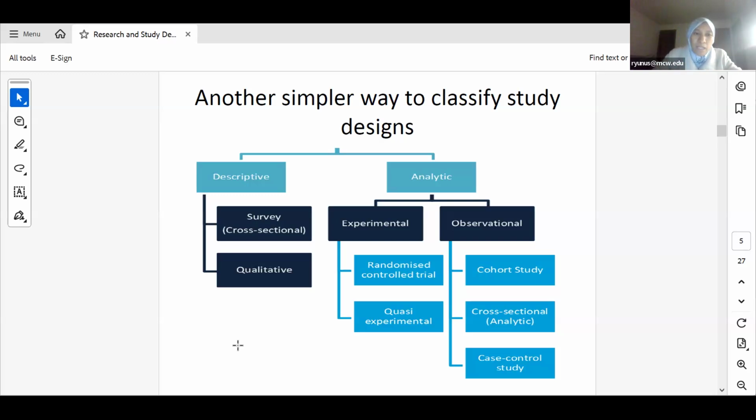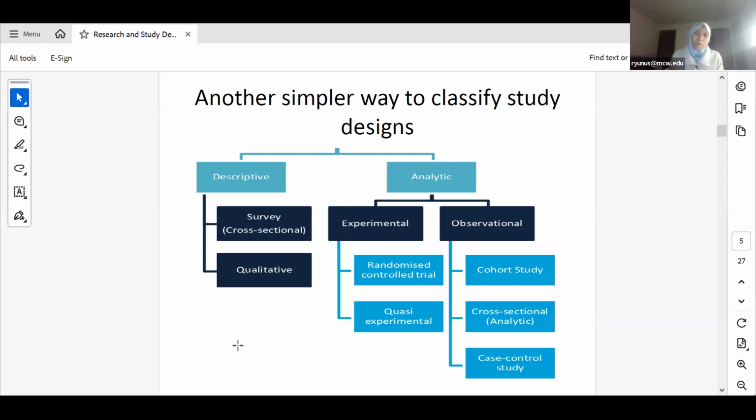So the meaning of analytic is that it goes beyond describing. So basically, you're not just describing your results or your data, but you're also trying to come up with some sort of associations or cause and effect, that sort of linkages or relationship.